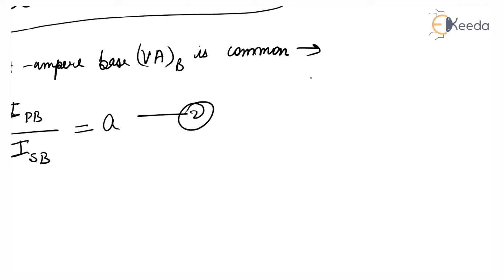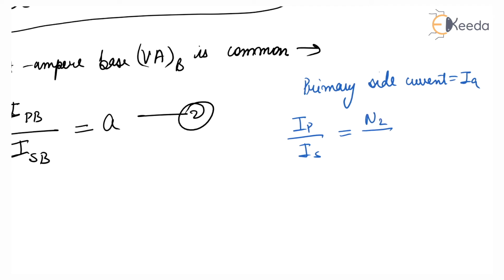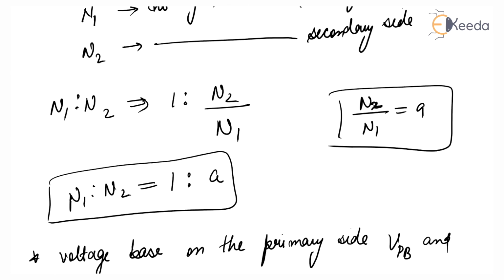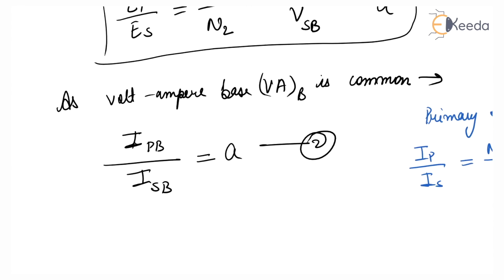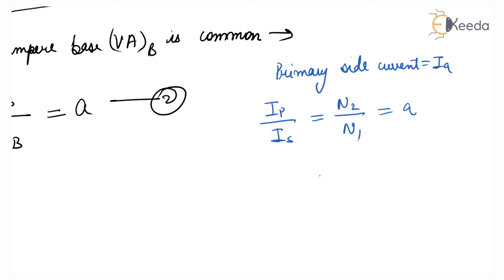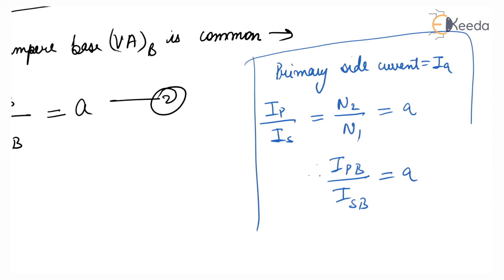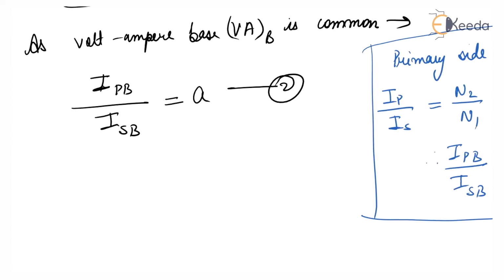See, the ratio of primary current to secondary current IP by IS is equal to N2 by N1, and you know N2 by N1 is equal to A. So we can write primary base current upon secondary base current is equal to A, equation number 2.